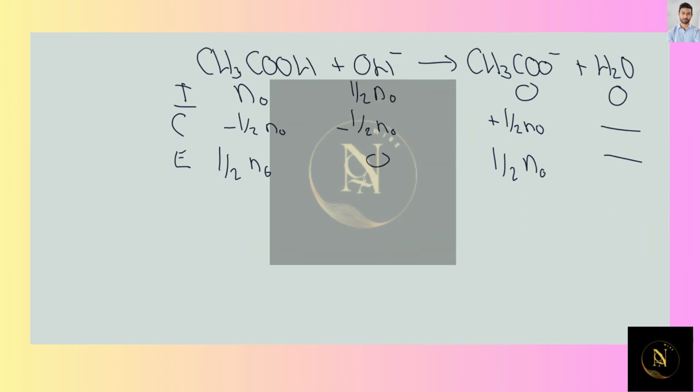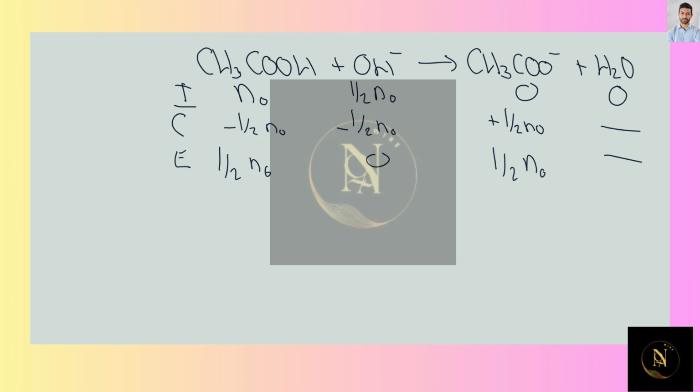So the change is going to be equal to minus 1/2 of the initial amount of mole. The amount of water generated doesn't matter because it's a condensed phase, and what we're going to get is that the amount of mole is going to be the same for the acid and its conjugate base.